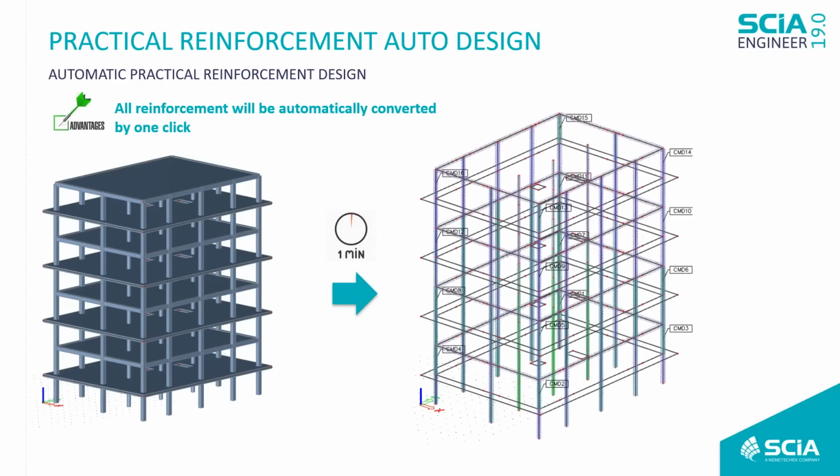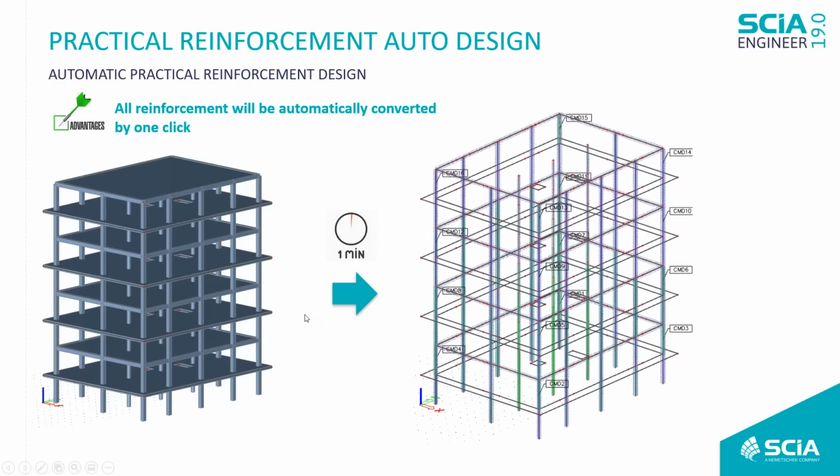But my point is to show you that now you can start changing the way you are designing a concrete structure. I'm sure many of you are still using Excel sheets today, or a small application where you are reading the internal forces from SCIA Engineer and doing the design in that app.